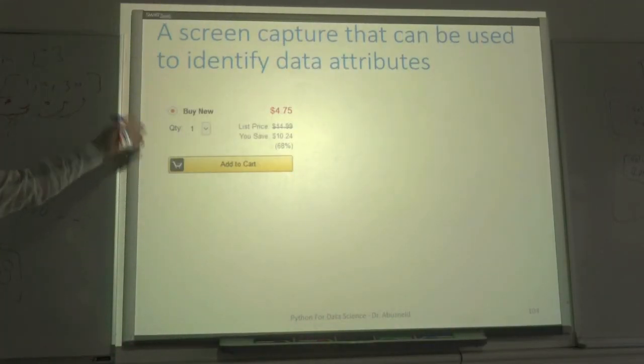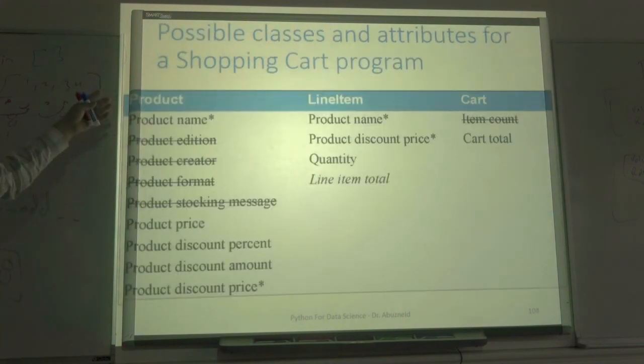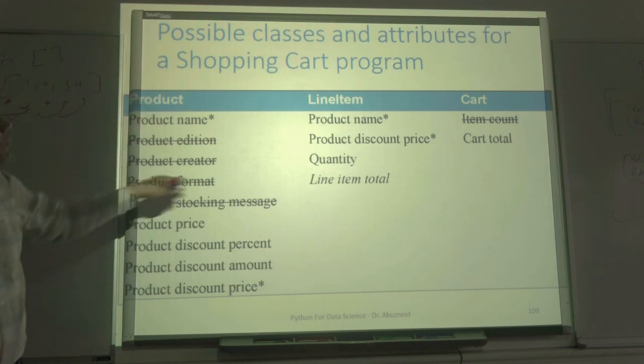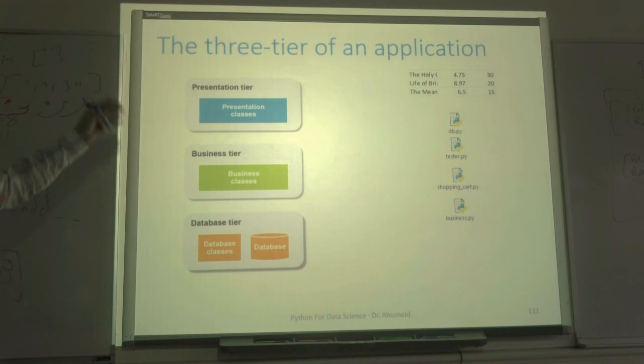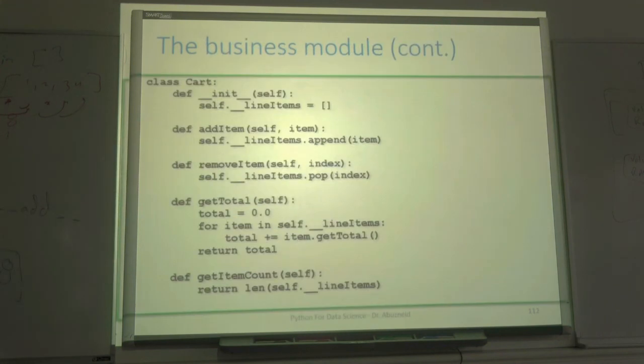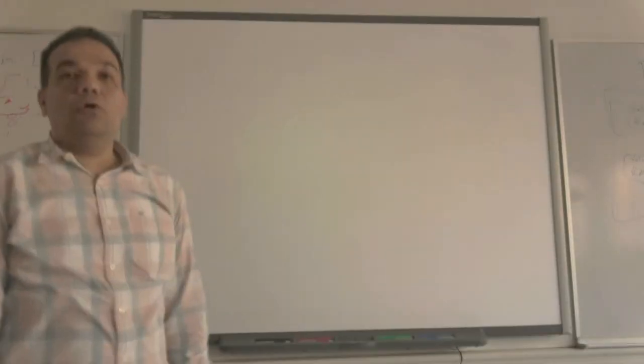If you look at any web page, you need to look at what the attributes are. Then you remove some of them which are not important. Then you create your classes and do the design. There is an example in here, but you should know it from before.